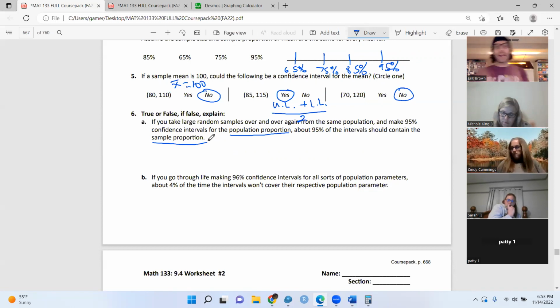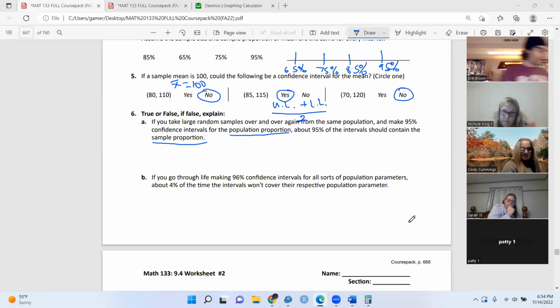When we create our confidence intervals, where are the point estimates? Every single time, where are they? Yes, LaShawn, the exact middle. Every single time.